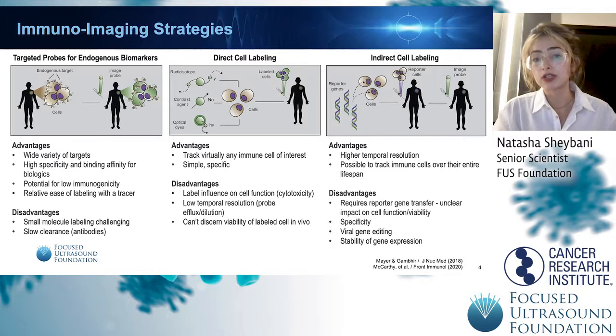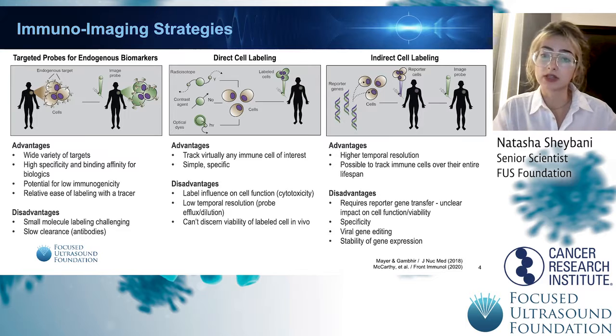The final approach, indirect cell labeling, actually helps to overcome some of these aforementioned limitations of direct cell labeling by either transducing or transfecting immune cells with a reporter gene instead. And these reporter gene approaches can be designed to reflect important information like immune cell locations, viability, and even activation state.